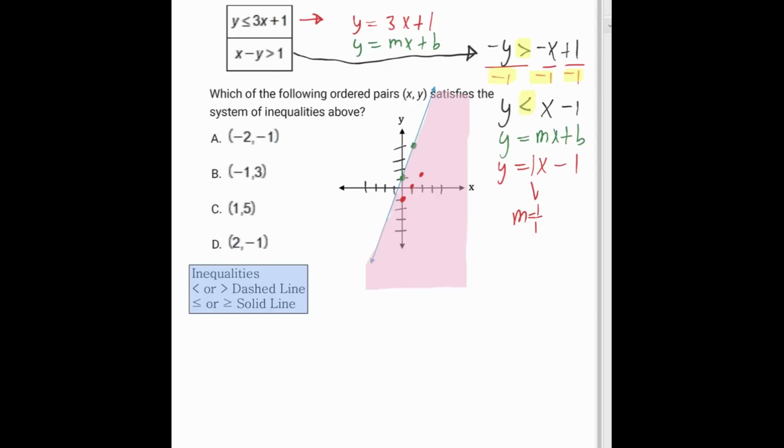And our line looks like that. Now, we said that if it were greater than as opposed to greater than or equal to, it's going to have a dashed line. So when we put our line there, we're going to try to make it look like a dashed line. So let's go ahead and do that. Let's get a line that goes through those 3 points. And let's make it a dashed line.